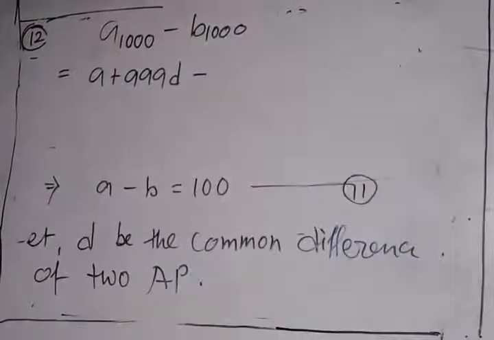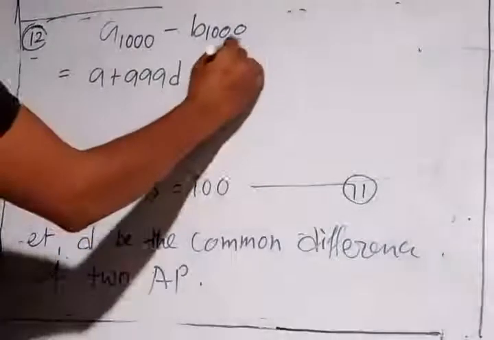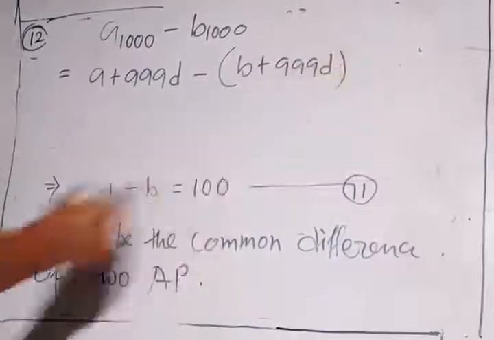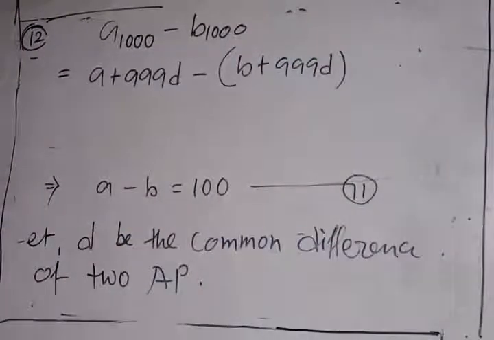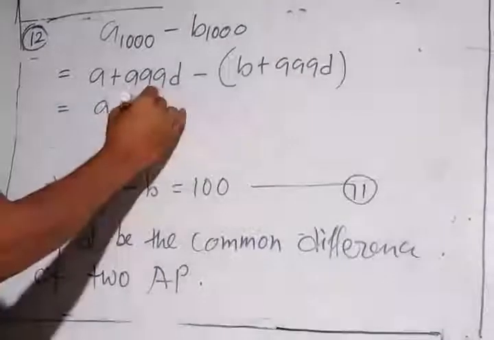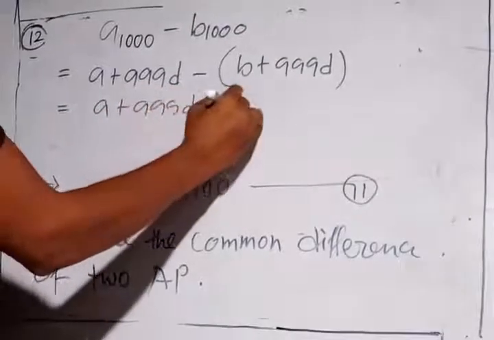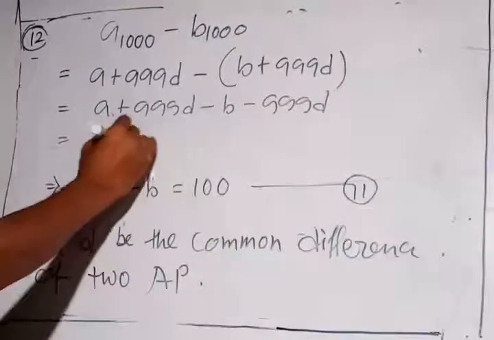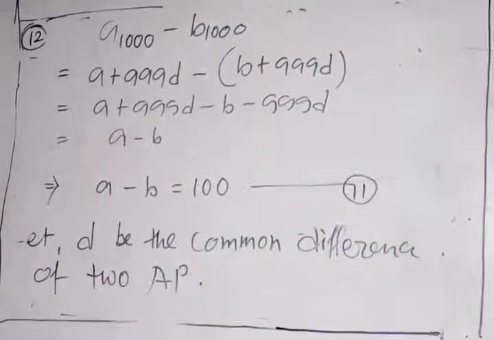In place of B1000 again we can write minus (B plus 999D). Let's break this bracket, so it will be A plus 999D minus B minus 999D. The 999D terms will be cancelled out, so you will be left with A minus B.